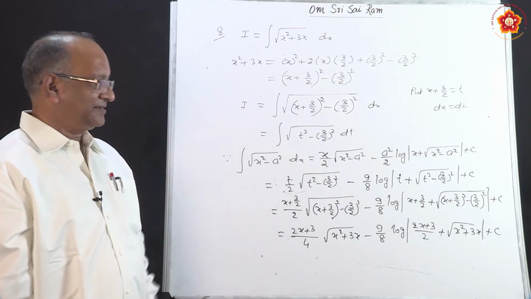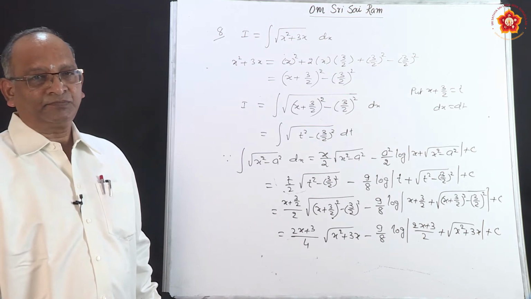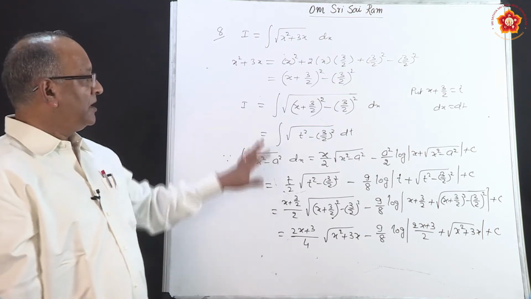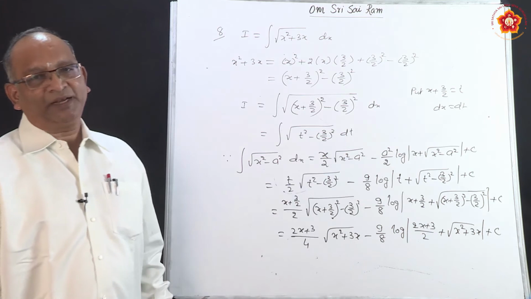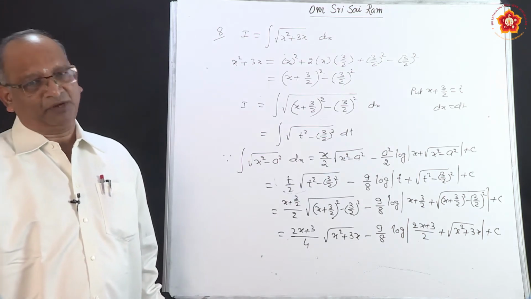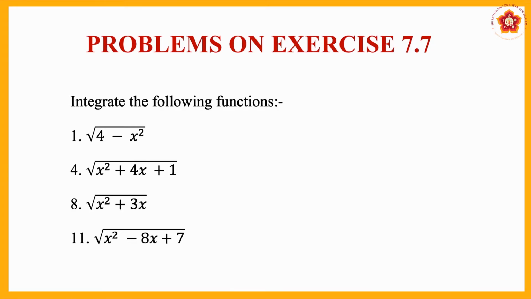So, this is the answer. So, in this manner, by using the appropriate formulae, we will be able to solve the problem. Let us take up one more problem of the same kind.